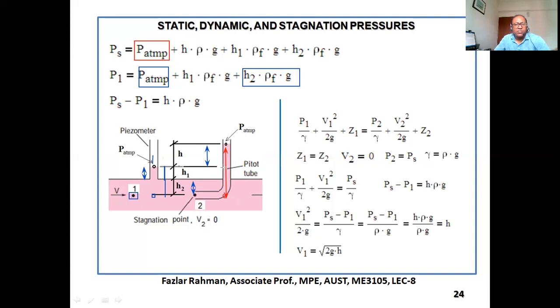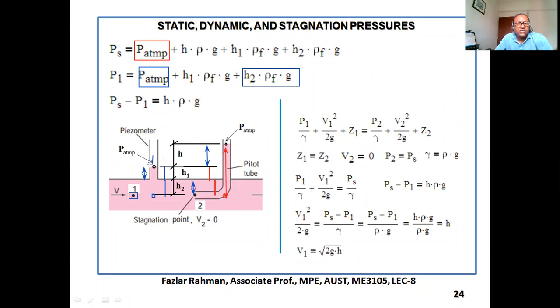So we are coming from here to here. This through distance h. Then you come down from here to here, distance H1 rho F g. Then coming from here to here, H2 rho F g. Now, this portion of the fluid, right now you see the same. The h, what is the h?